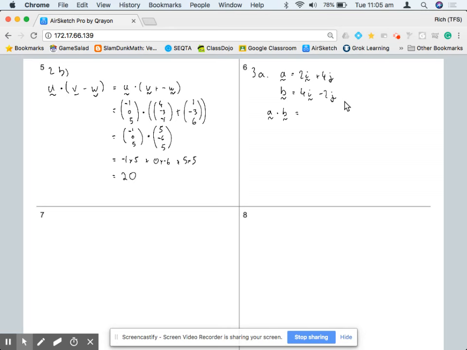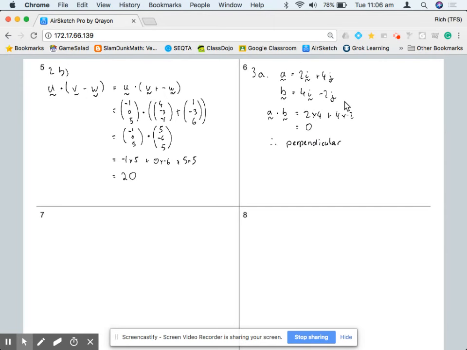So the coefficients of i vector are 2 and 4, so it's 2 times 4. And the coefficients of the j vector are 4 times negative 2. And we can see that 2 fours are 8, 4 times negative 2 is negative 8, and so the result is 0, and therefore we can conclude perpendicular.